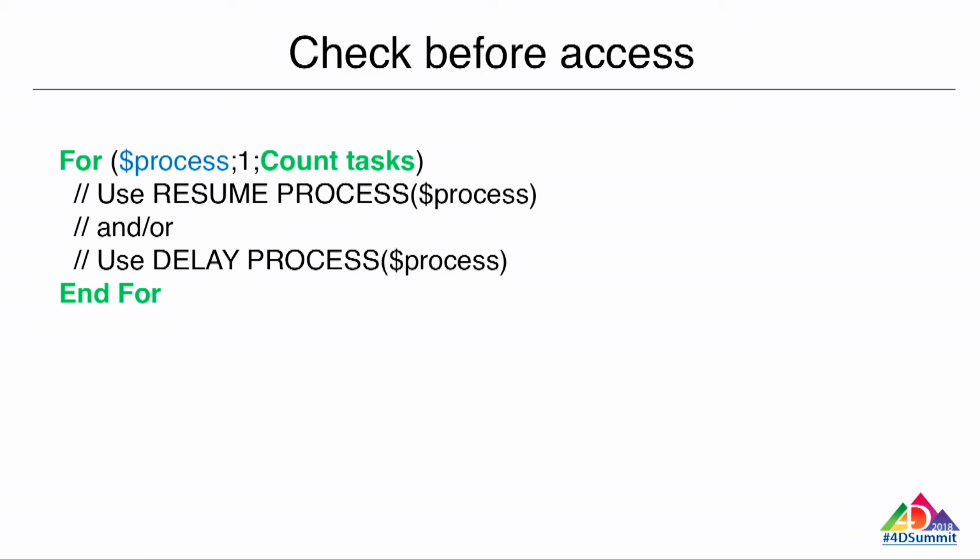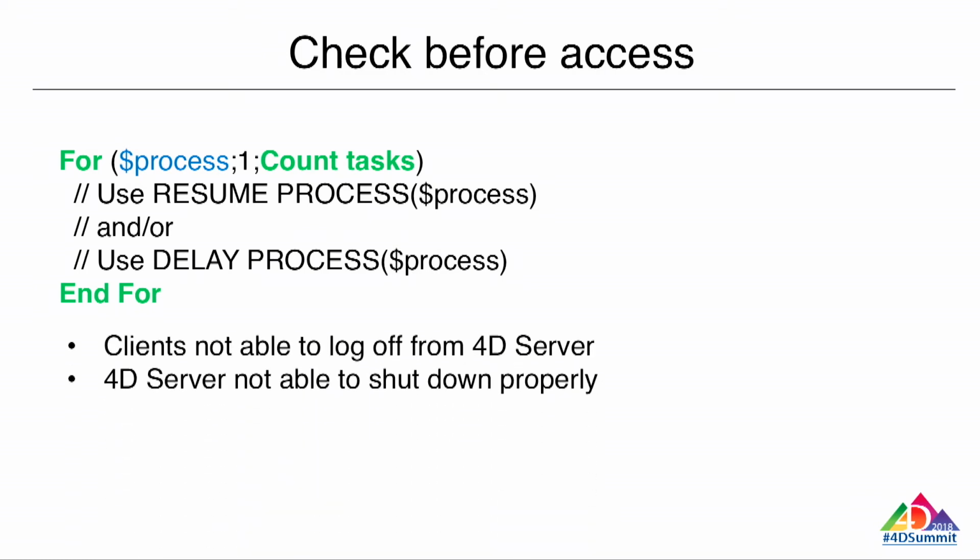Not knowing that you are doing so could cause clients to not be able to log off 4D Server, and 4D Server might not be able to shut down because there are some running processes going on. And at that point, it's uncontrollable, and you probably don't understand why.